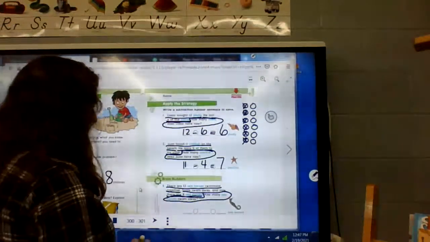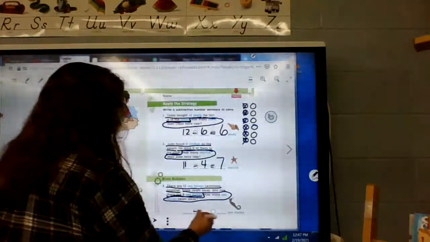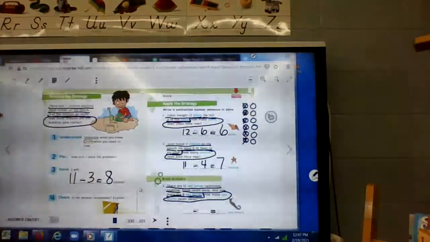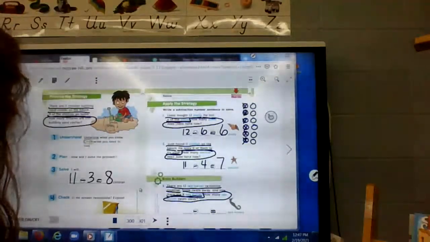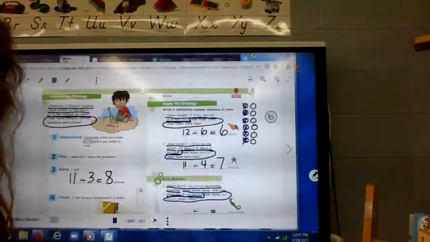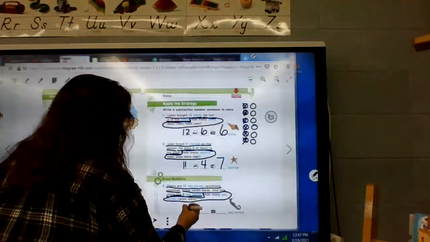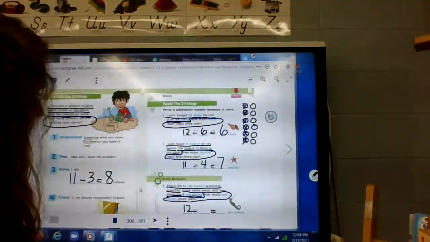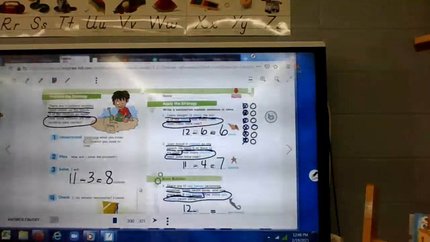So, again, we know that they were swimming away, so we know it's minus and equals. This is the tricky part, okay? So, how many seahorses were there? There were 12 seahorses. And you could kind of do this more than one way.